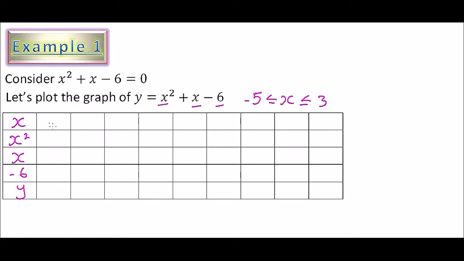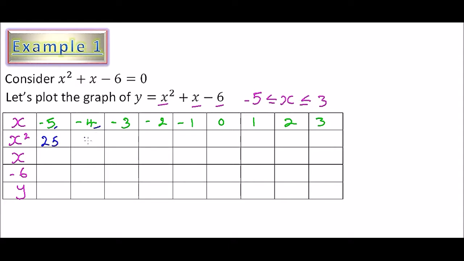Then we put the values of x, so we start with minus 5, minus 4, minus 3, minus 2, minus 1, 0, 1, 2, and finally we have 3. With that we fill the table, so minus 5 squared we will get 25, positive 25.